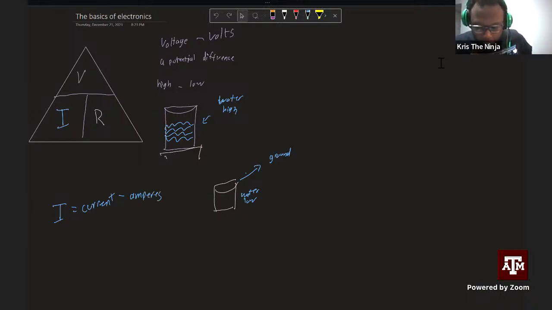So with current, that is the flow of energy, simply the rate of flow.